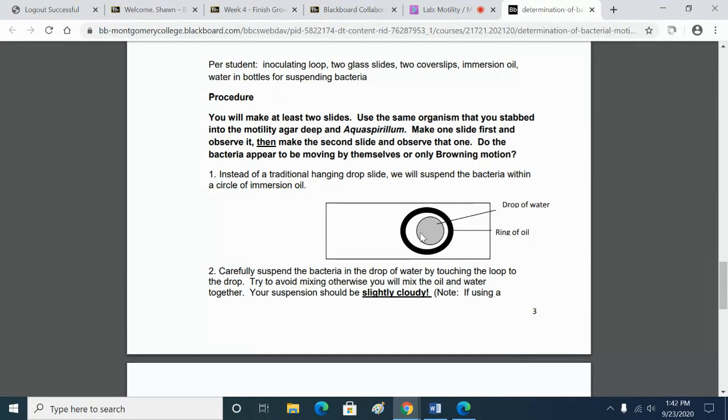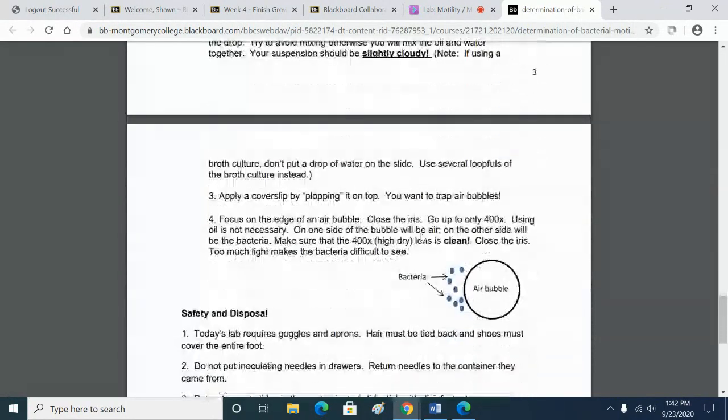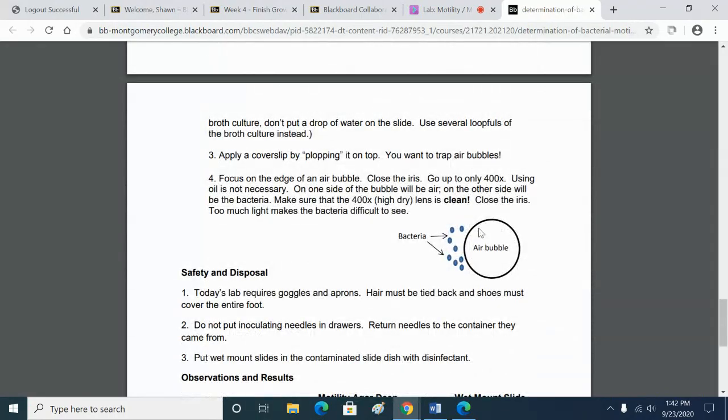One thing that often happens when you put your cover slip on is that you tend to trap some air bubbles. But air bubbles are actually okay in this case, because an air bubble is something you can see and find. Then you focus on the edge of the air bubble, and hopefully on the inside will be air and on the outside will be your bacteria. That makes it easier to find something, by looking for an air bubble.